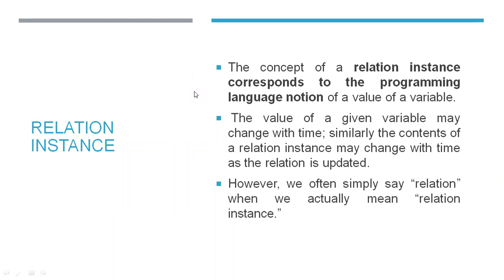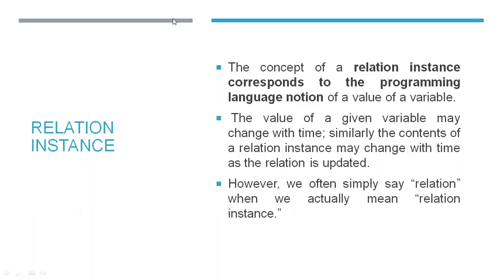Then what is relation instance? The concept of relation instance corresponds to the programming language notion of a value of a variable. The value of a given variable may change with time. We know in C or C++ language that a variable contains some value.